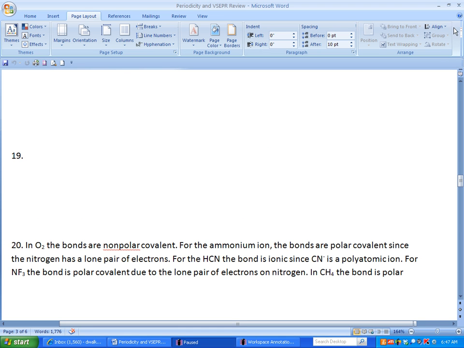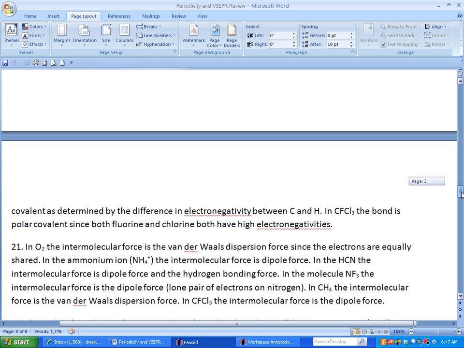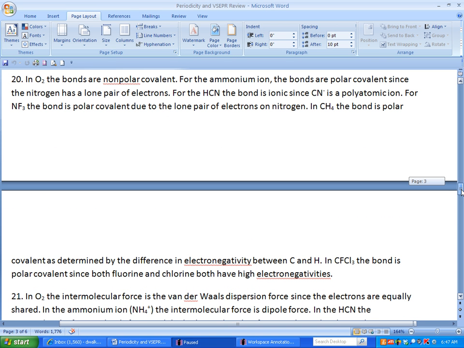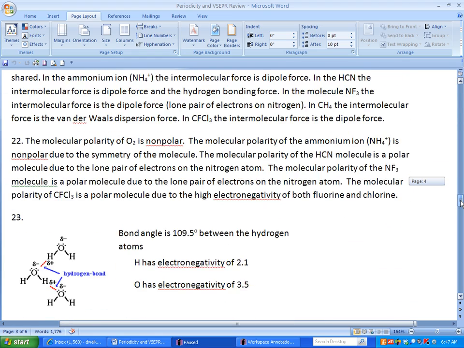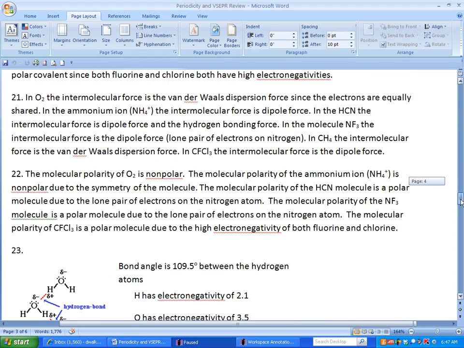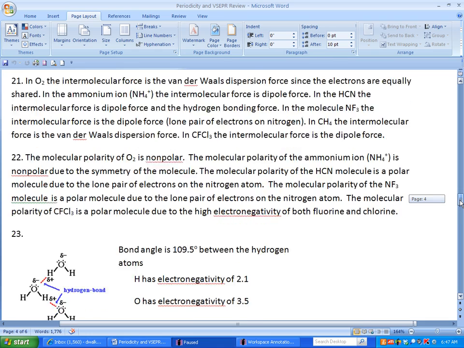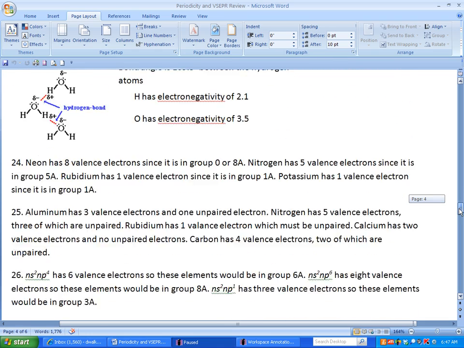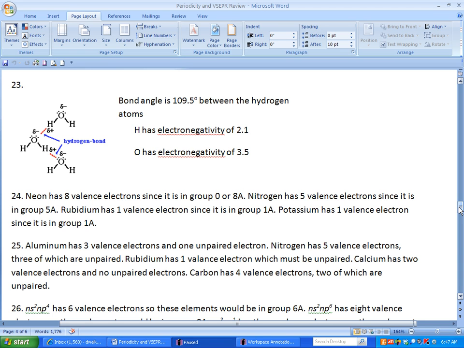So let's see if technology is going to cooperate. So there's number 20. Pause when you're ready. There's 21 through 22. Pause when you're ready. 23, 24, and 25.